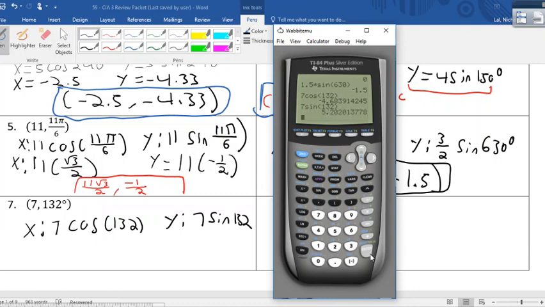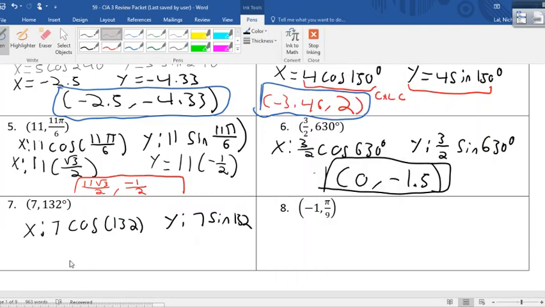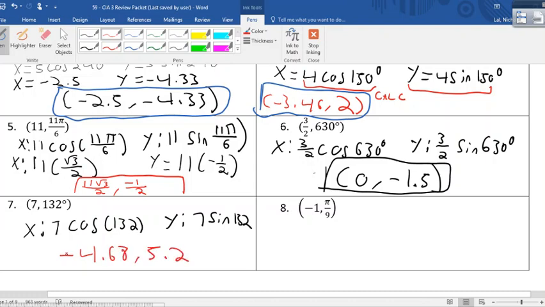So we're going to have rectangular coordinates of negative 4.68, positive 5.2. Remember, it's best practice to always indicate what we're plugging into our calculator. Make sure we put in our degree sign.